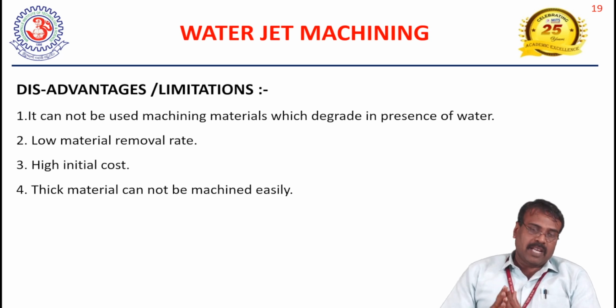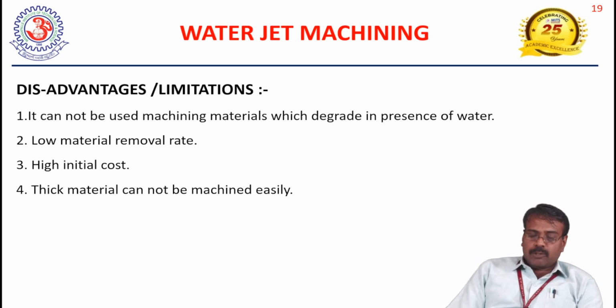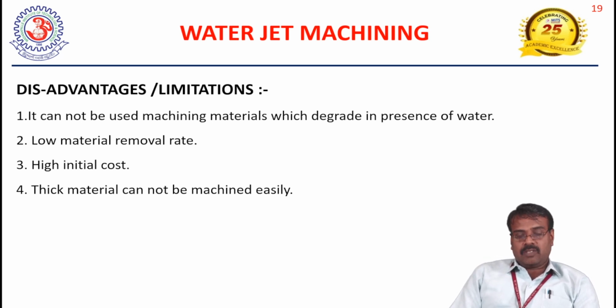Then let us see the important one, that is the limitations. We have seen many advantages till now, but limitations are also there. First of all, high initial cost, we need to invest more. This is common for all non-conventional machining processes. Then it cannot be used for machining materials which degrade in the presence of water.